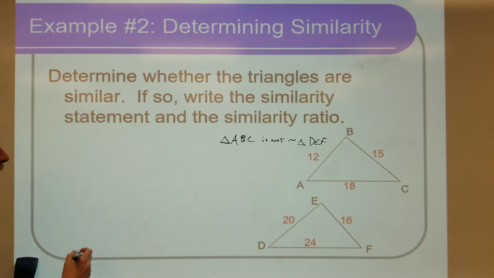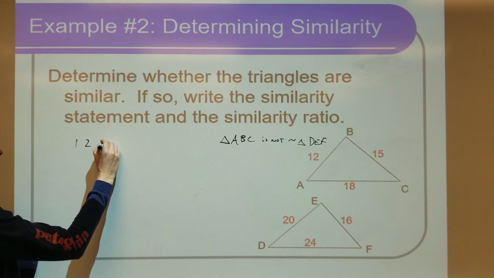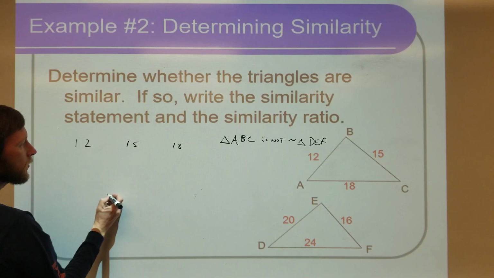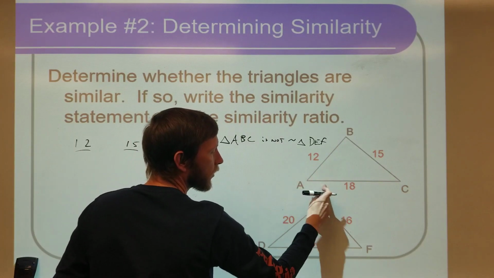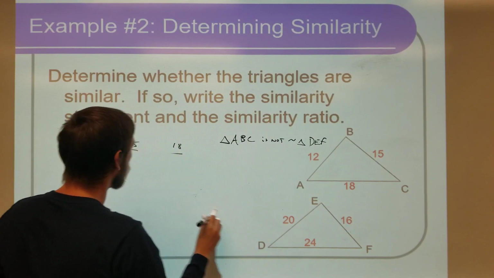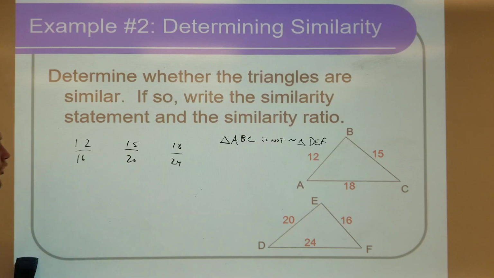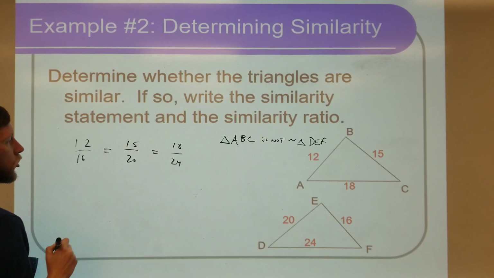What we will find out, however, is that I can take the lengths of the sides, 12, 15, and 18, and I can put them over the sides in numerical order from smallest to largest, and it turns out that these fractions actually are indeed equal to each other.